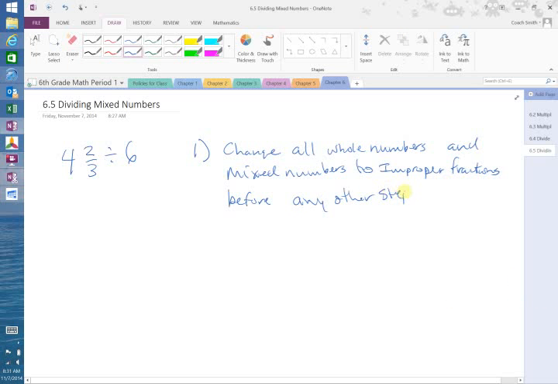Last night in the homework, we had some whole numbers that we had to change to improper fractions. Most of these are all going to have mixed numbers that we have to change into improper fractions.